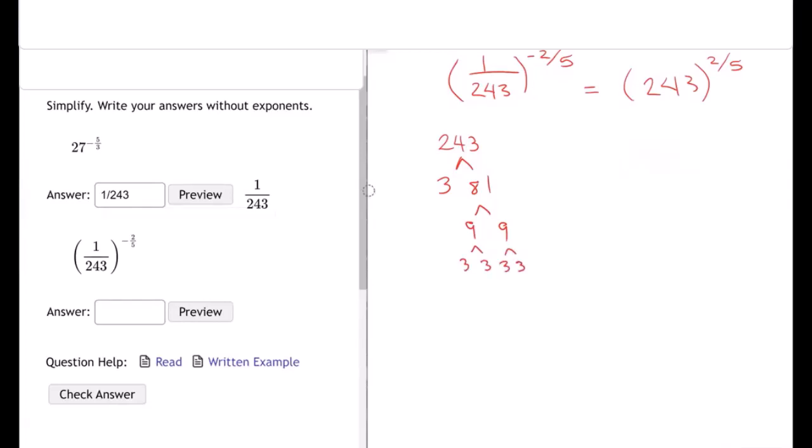This is equal to 3 to the 5th power to the 2/5 power, which is equal to 3 to the 5 times 2/5, which is equal to, the 5 and the 5 cancel, 3 squared, which is equal to 9.